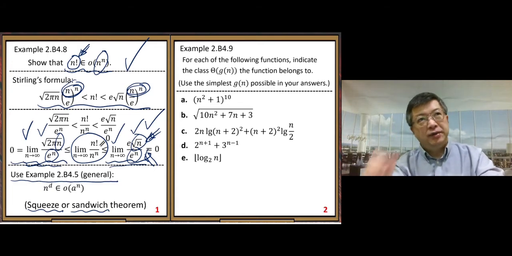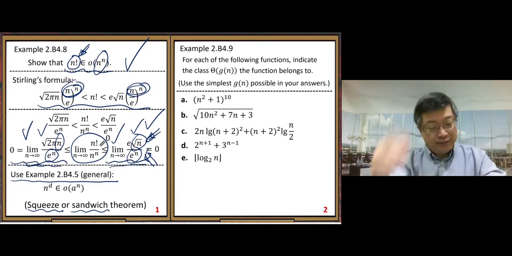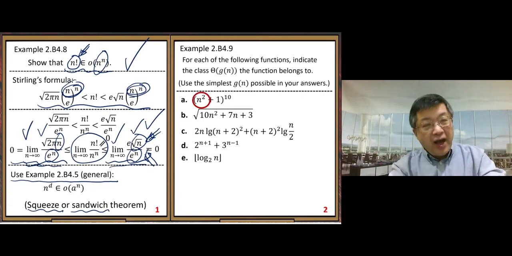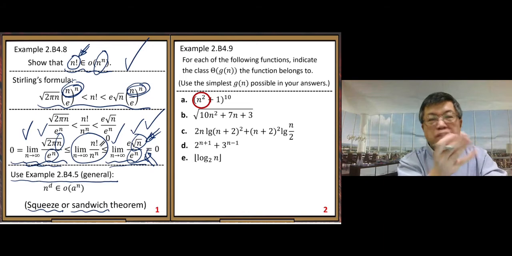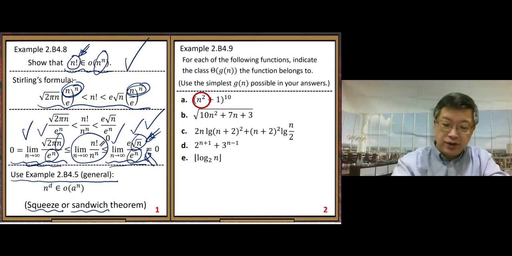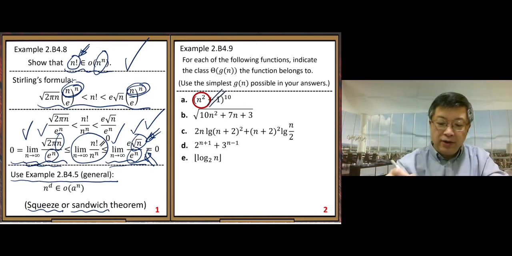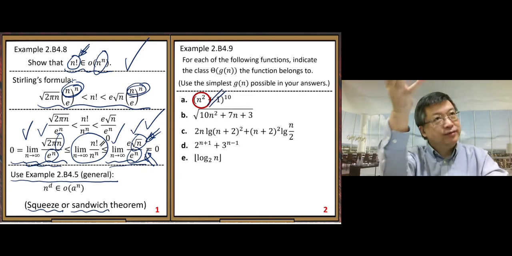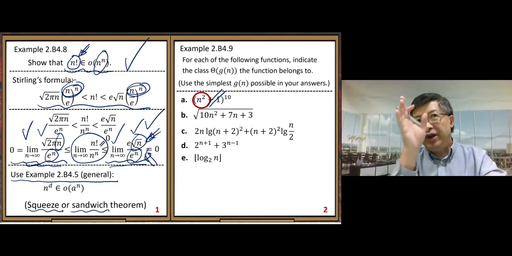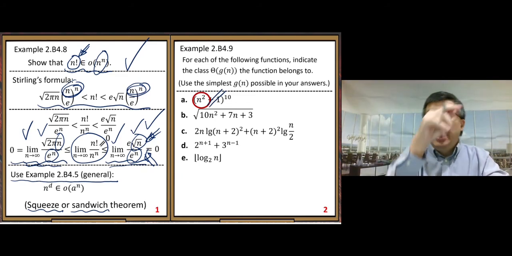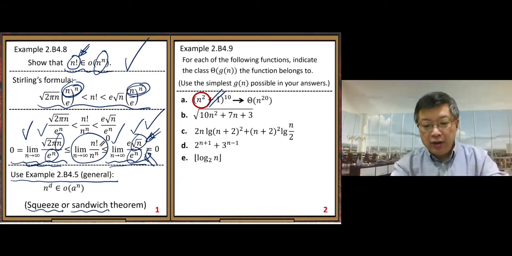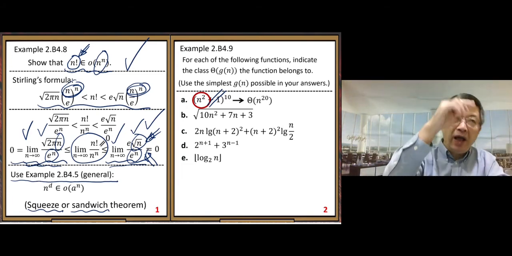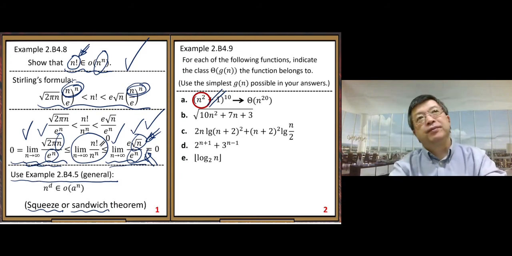All right, so here, let me do it one by one. For A, first, let's select the dominant term. Let us ignore the minor terms. So here, +1 is the minor term. Let's ignore it. So after we ignore that +1, n squared, then you take the 10th power, you get big theta of n to the 20th.